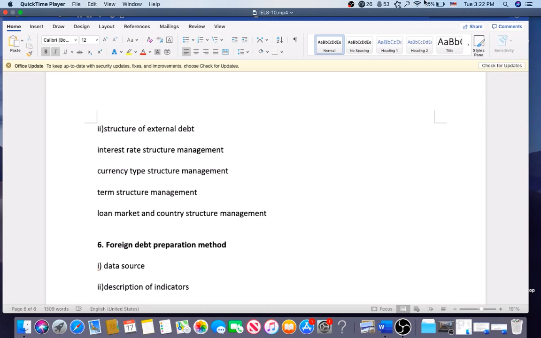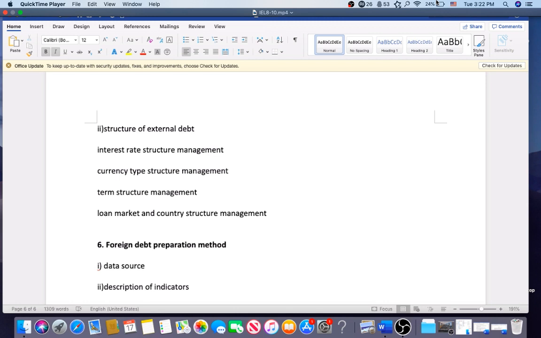So they don't need to change the currency type. So there is also a risk if the currency cannot be converted into the debt type, that will cause the risk cannot get the debt repaid. So that's why he should keep the currency type consistent with the export revenue currency type.